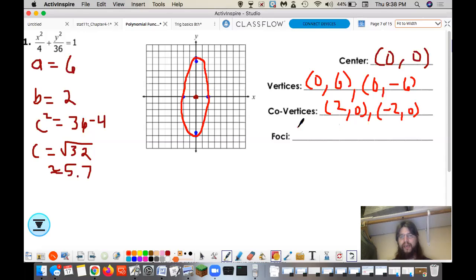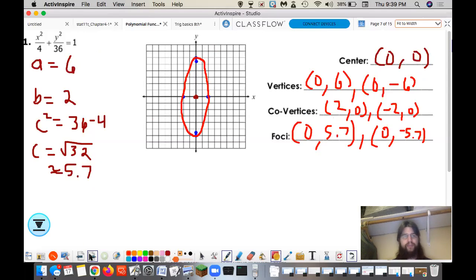And foci at 0, 5.7 and 0, -5.7. Now it's really nice whenever your center is 0, 0 because you just have to use A, B, and C. It's not too hard to figure out your vertices and foci from that. Whenever it starts shifting, then you actually have to think and add. I know, adding, terrible.